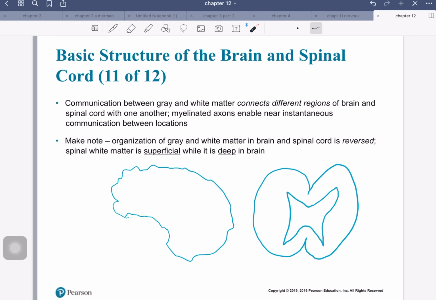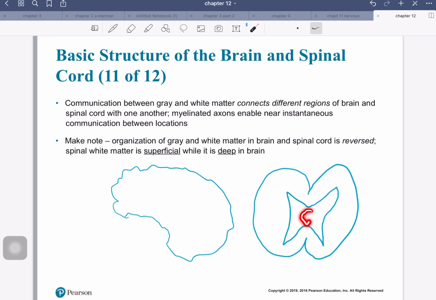And if we actually look, there are regions of the spinal cord that carry bundles of myelinated axons. And that's why this is all white matter. Because out here we basically have highways or tracks of myelinated axons that are either carrying information up to the central nervous system or information down from the central nervous system. So this is where I would see the white matter.